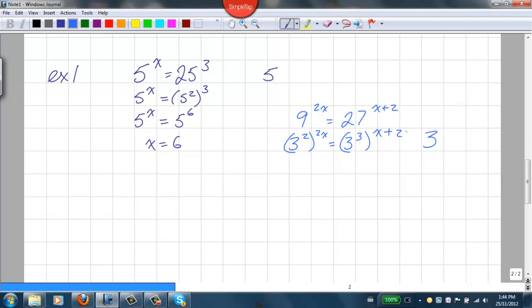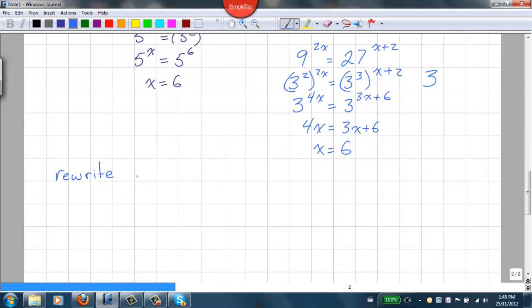Well, again, using our exponent laws, we can clean that up a little bit and say that this becomes 3 to the 4x and 3 to the 3x plus 6. So if my bases are the same, then the exponents must be the same, and we're left with 4x is equal to 3x plus 6, or x is equal to 6.